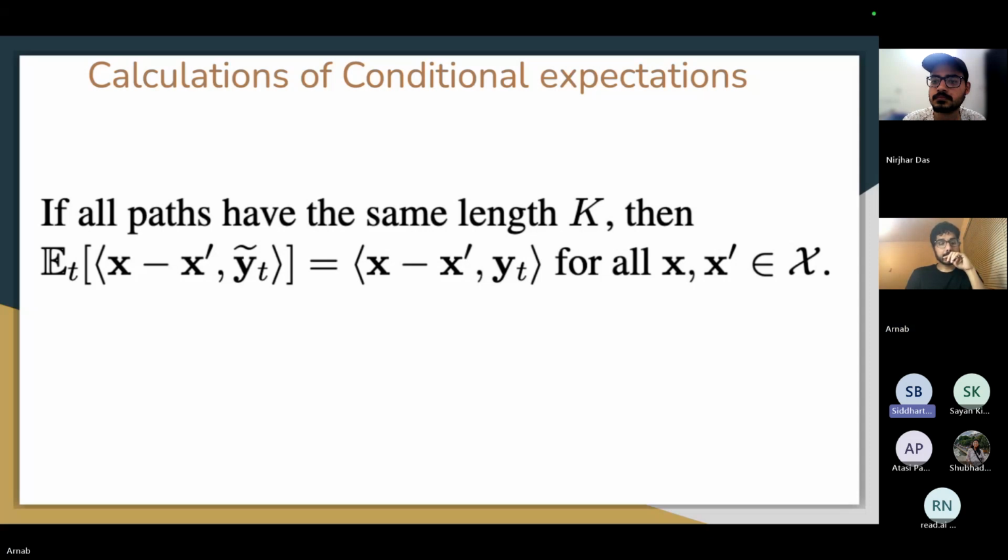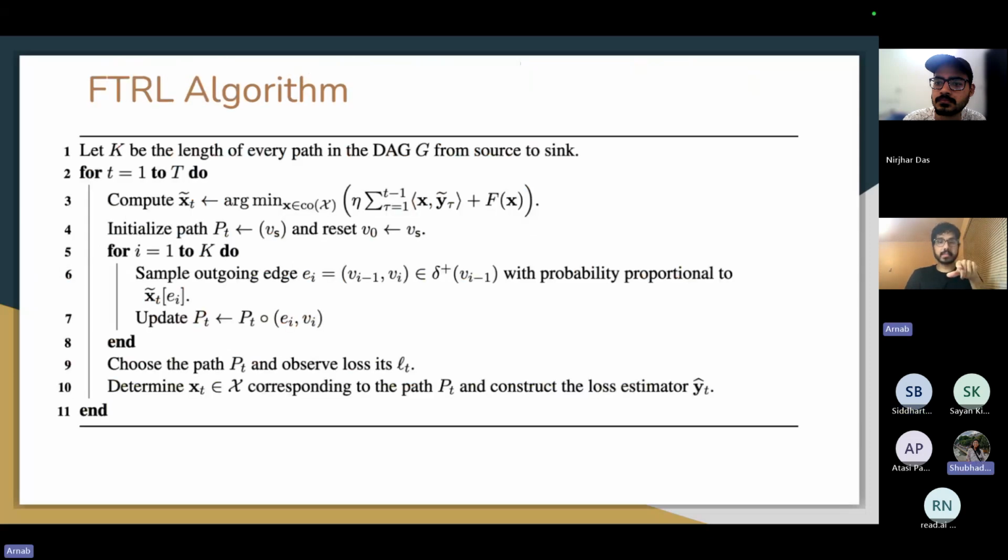Now the point is that these estimators are conditional expectations, so you have to show that they can be estimated, that there's an efficient algorithm. The algorithm is just like your FTRL.